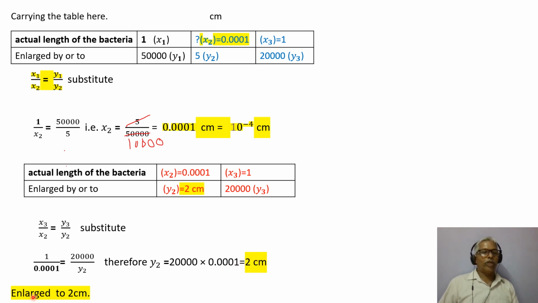So the enlarged length is 2 centimeters after calculation. Okay, so think over it and try to solve some problems of this type yourself, and thinking will definitely help you.